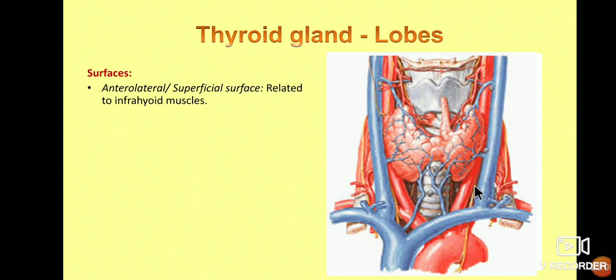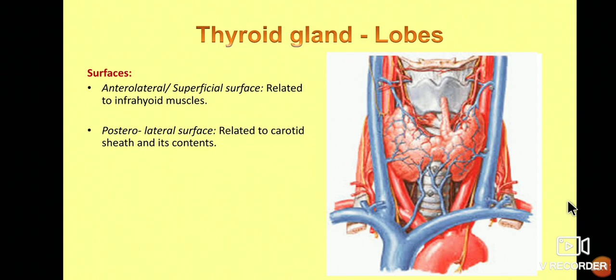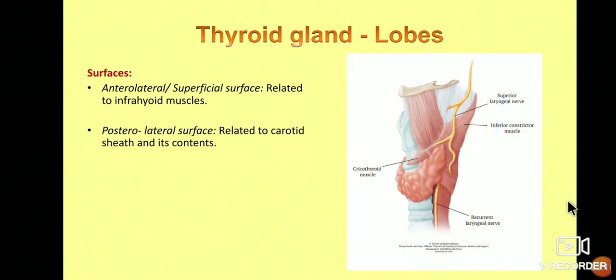On the left side it winds around the arch of aorta to form the recurrent laryngeal nerve. Medial surface is related to two tubes, that is the trachea and the esophagus.